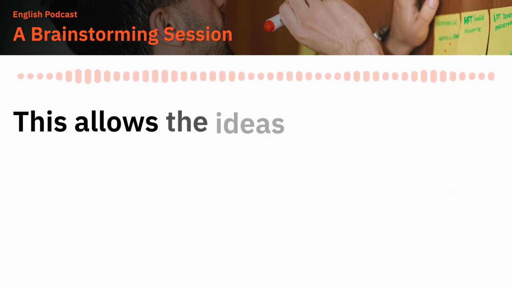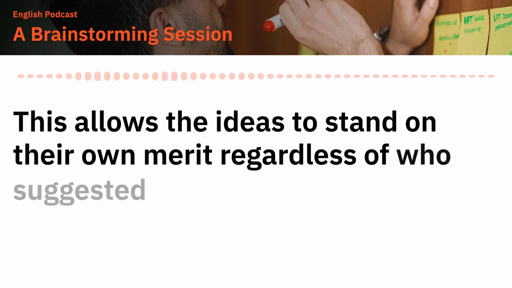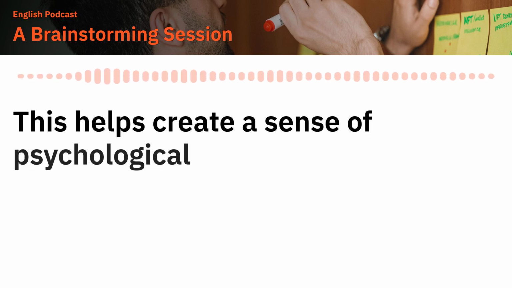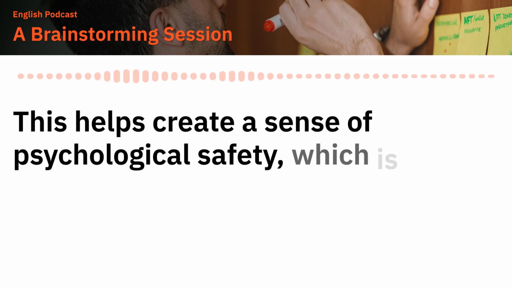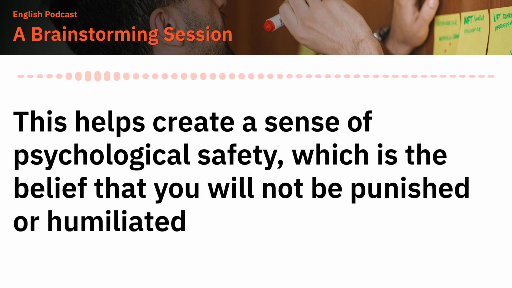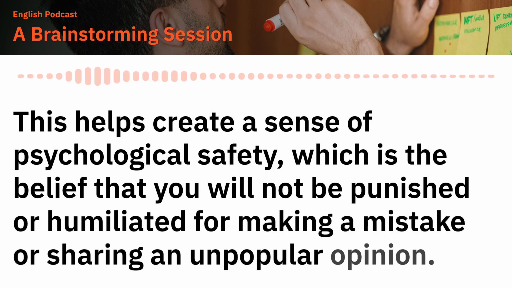This allows the ideas to stand on their own merit regardless of who suggested them. This helps create a sense of psychological safety, which is the belief that you will not be punished or humiliated for making a mistake or sharing an unpopular opinion.